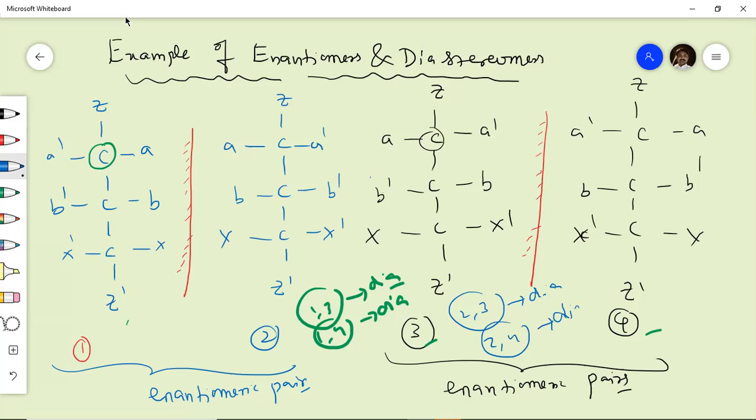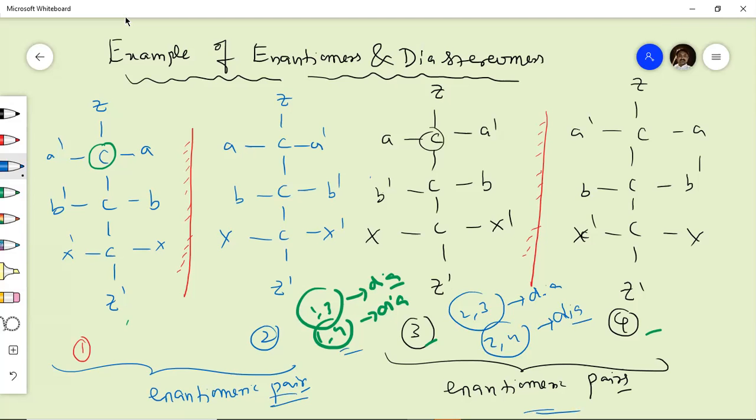So the number of diastereomers is more than the number of enantiomers. Here, the first and second are enantiomeric pairs, and the third and fourth are enantiomeric pairs. But the diastereomeric pairs are 1, 3, 1, 4, 2, 3, 2, 4.